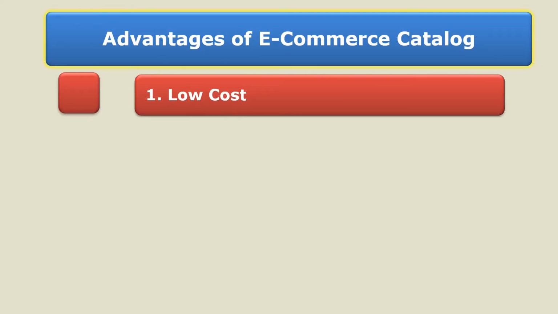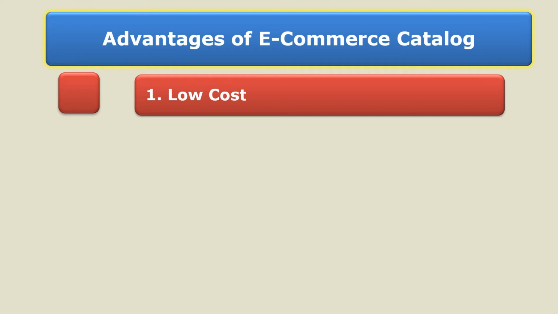So we understood that an e-commerce catalog is an online document, which is generally a web page, which consists of product description with the text, images, pricing information, payment methods, audio reviews or video reviews.